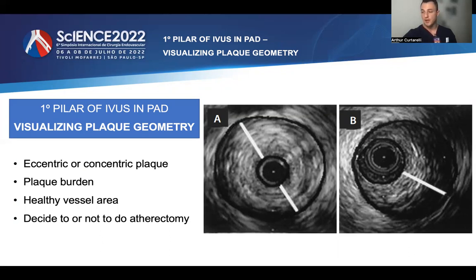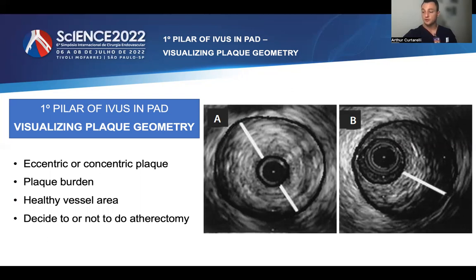These images show that. Identification of circumferential concentric plaque implies the need for pre-treatment of the vessel with a plaque modification device to achieve an optimal result. In some cases, you can switch your decision to do an atherectomy.